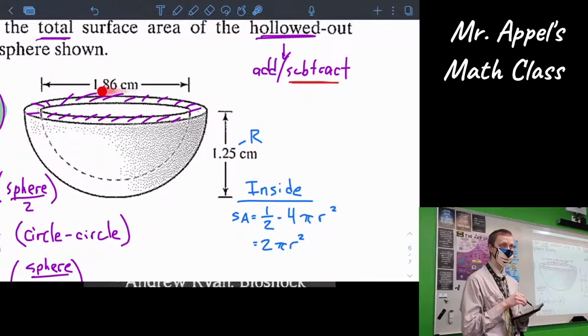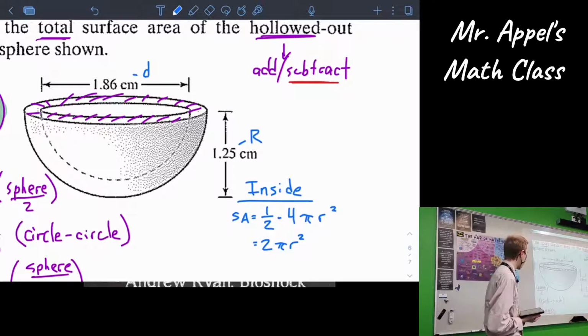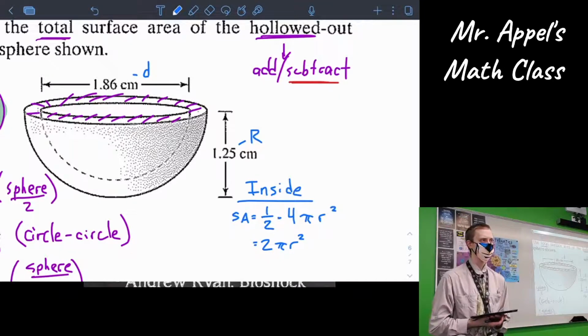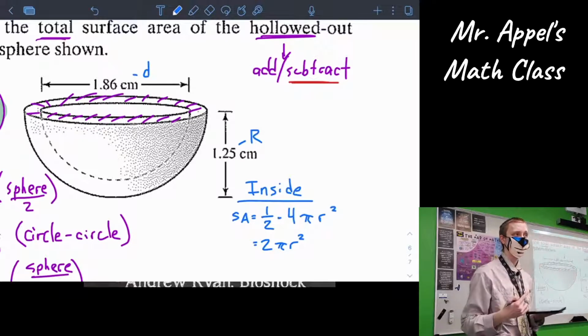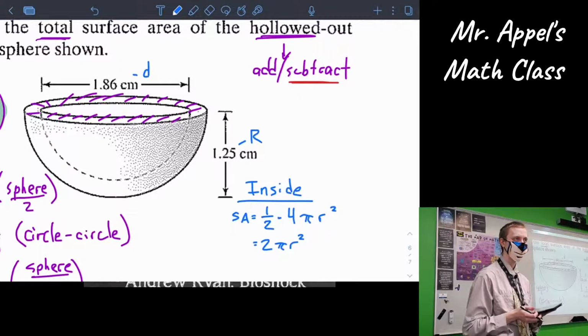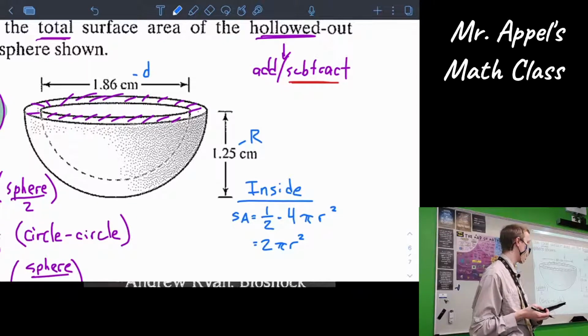What is this number indicating then? Diameter of the small one. We'll call that small d. So if that's little d, then how do we get little r? Divide by 2, right?